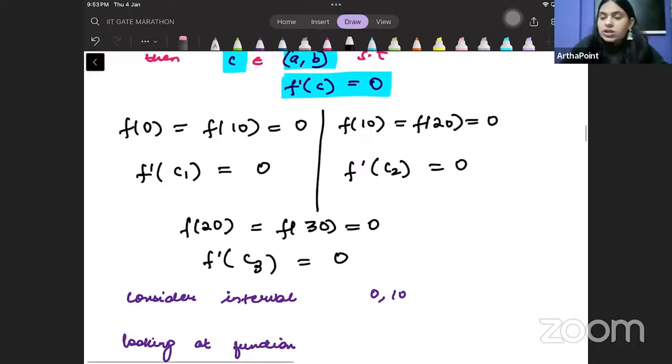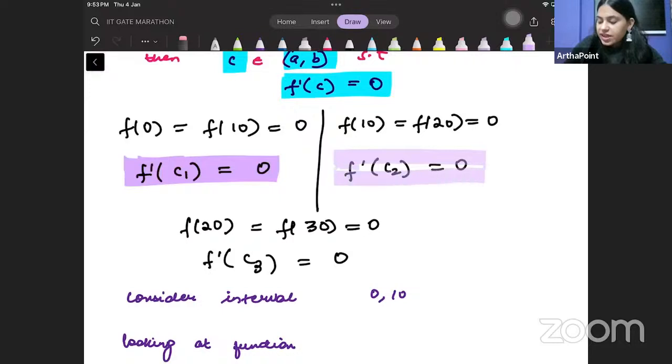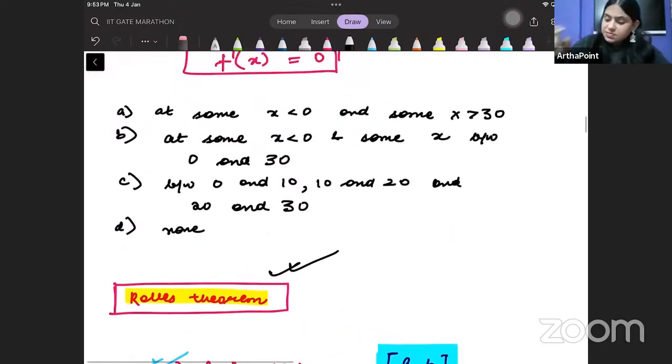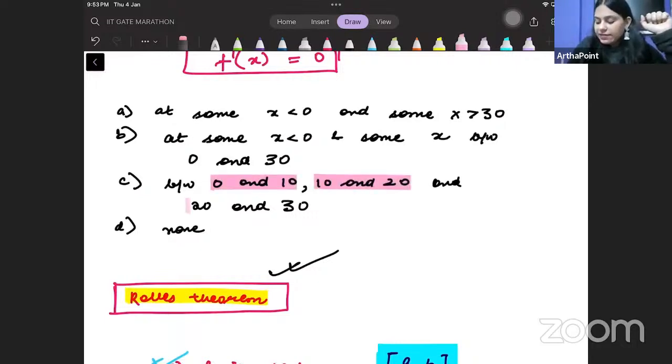So in total, I have got 3 such C's such that when they are differentiated, the value of the function after differentiating at those C's is 0, using Rolle's theorem. I have just used Rolle's theorem in this. So again, this means that there are 3 critical points, one between 0 and 10, one between 10 and 20, and one between 20 and 30. So the correct answer to this question will be C.